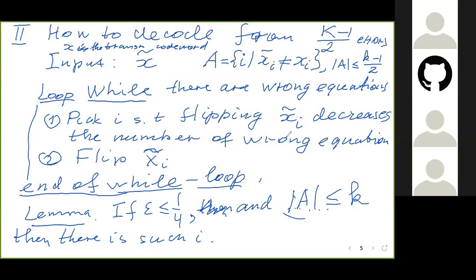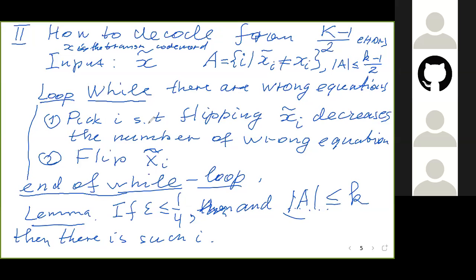And so somehow we need to prove that it never becomes larger than K. And the other thing we need to prove is that finally, when the number of wrong equations becomes 0, the resulting code word is different from the genuine code word in at most K positions.